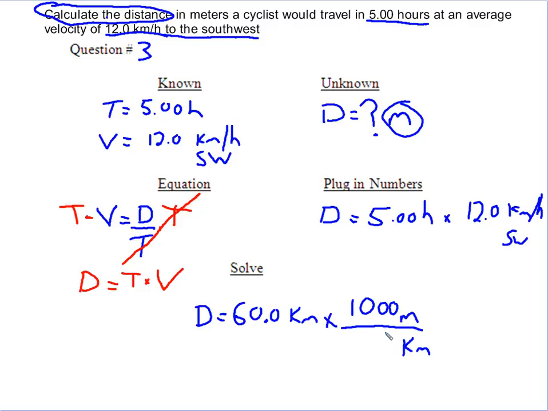So you're going to do 60 times 1,000. And that's going to give you d equals 60, and we're multiplying it by 1,000, so we can move this 3 places. 1, 2, 3.